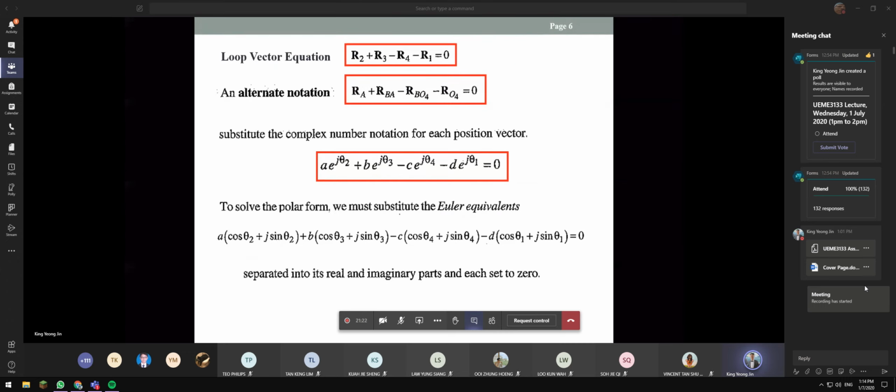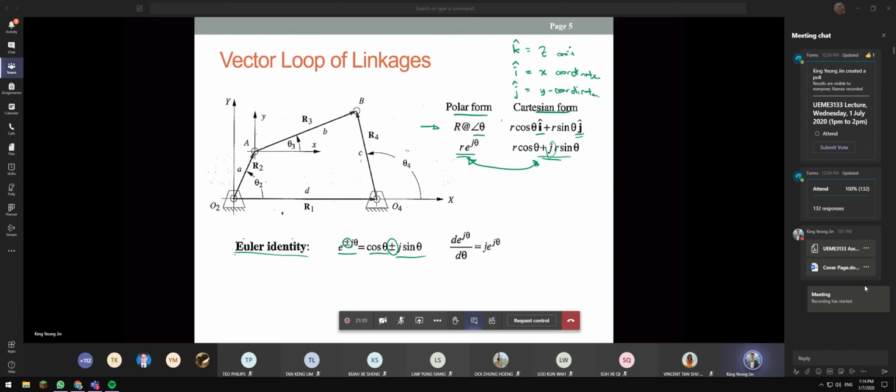So if you look at the vector loop equations, okay, what happens here is that if you can see the arrow, I have this R2 and R3, and it will go to point B. The same thing happens: in order to go from O2 to point B, I can also go in this direction, which is R1, and then go to here, which is R4. Okay?